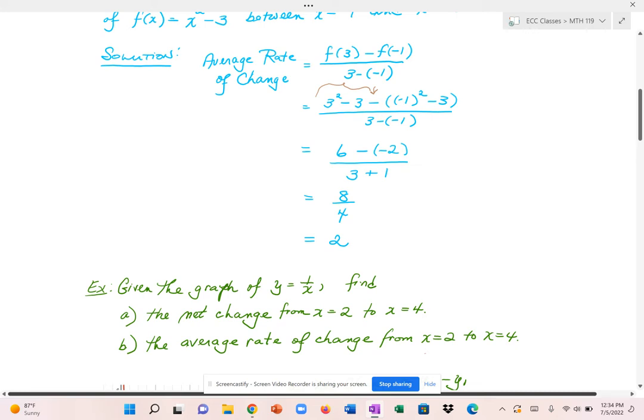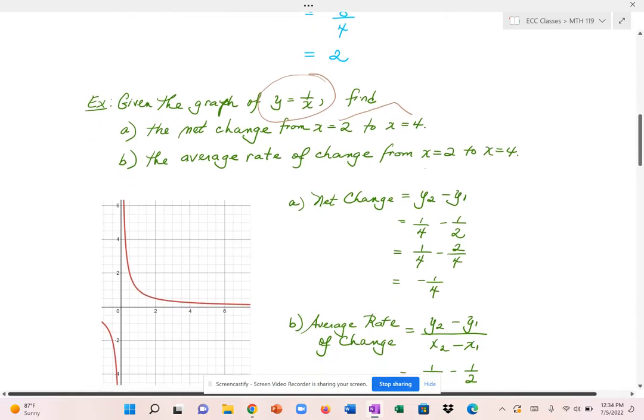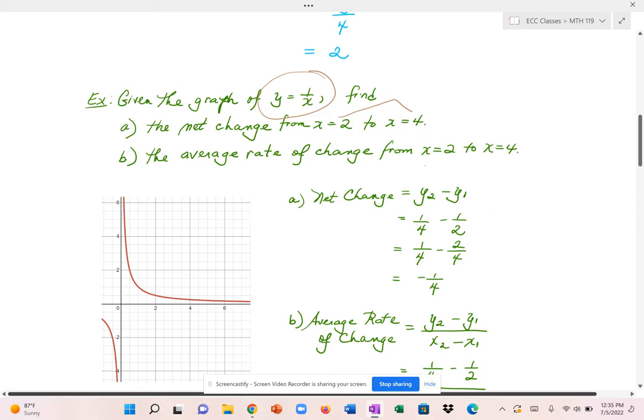So net change was discussed in an earlier lesson, and the net change is just going to be the difference in the two y values. But I need to figure out what the y values are when x is 2 and x is 4 for this given function. So you can plug them into the function, or you can read the graph. It's probably easier to plug in.